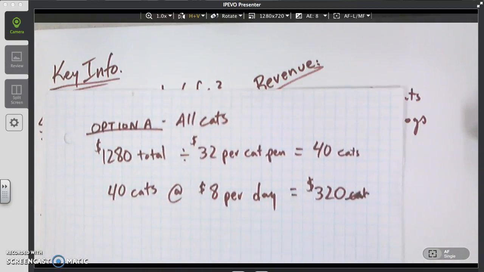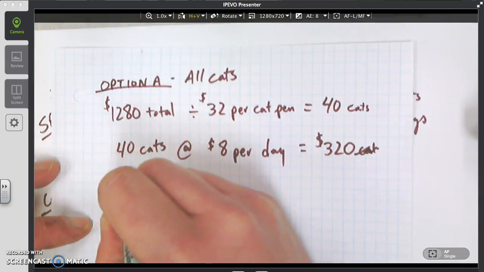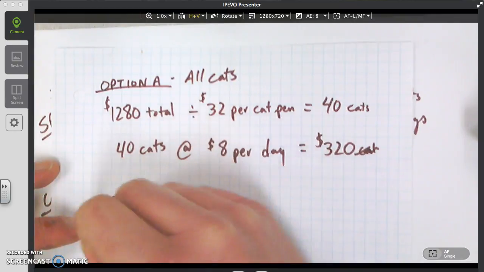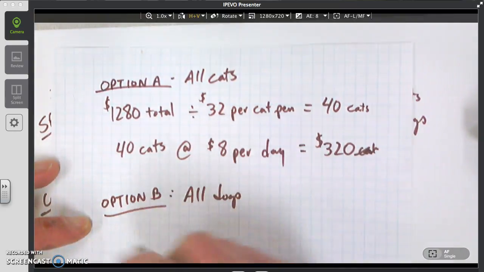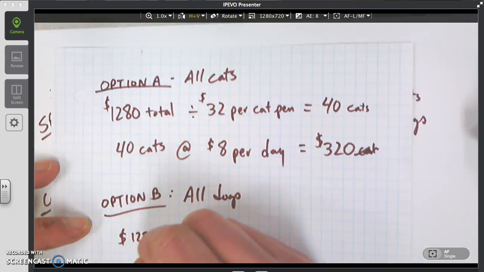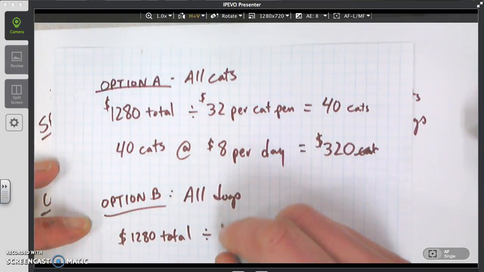Whoops, sorry, I didn't realize I was off the page. There we go. Okay. Step 2. Let's evaluate our other option. All dogs. So like before, they have 1280 total divided by dogs require $80 per pen.